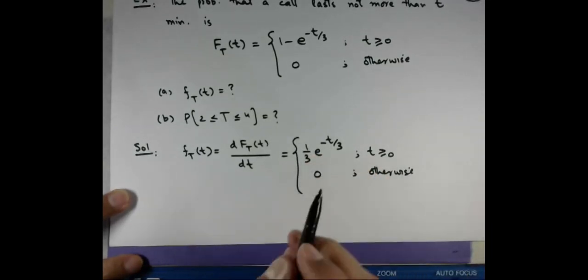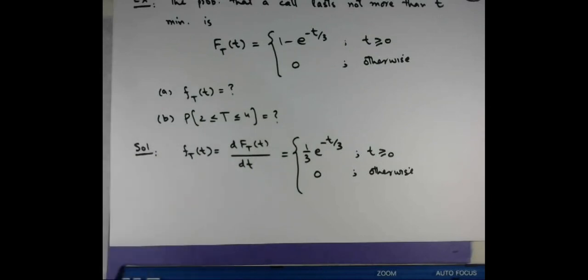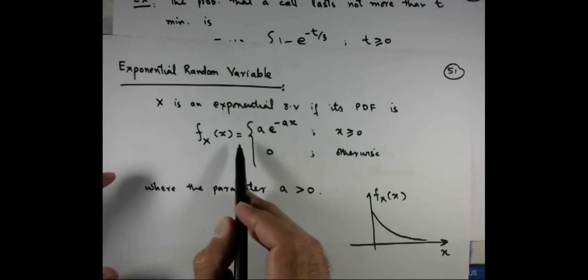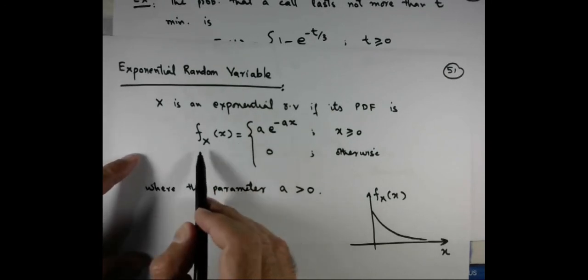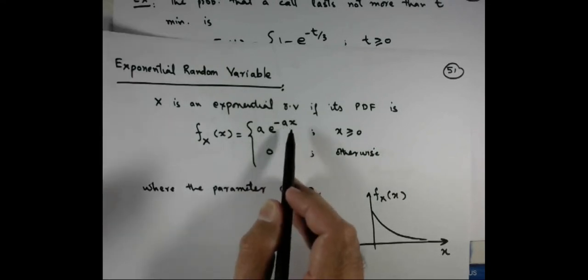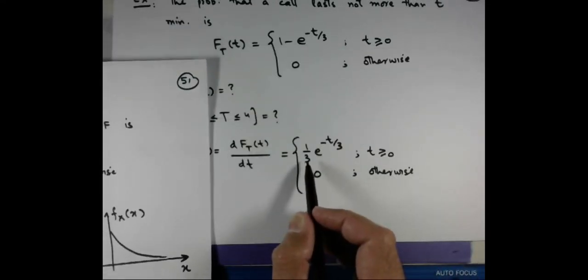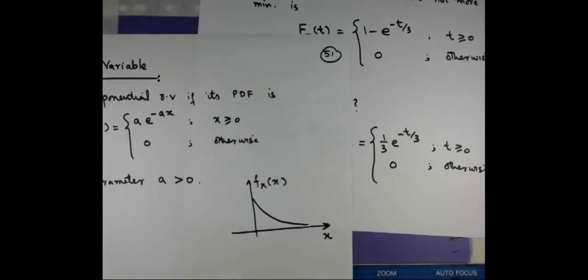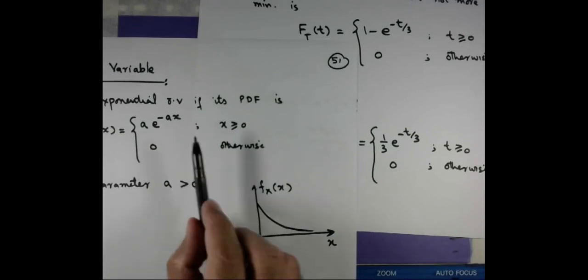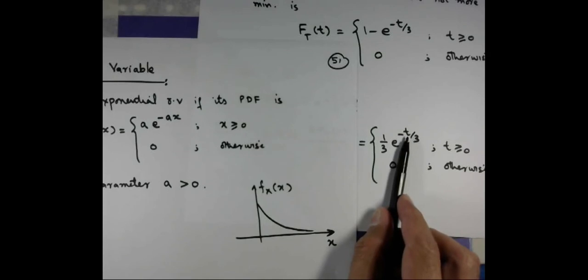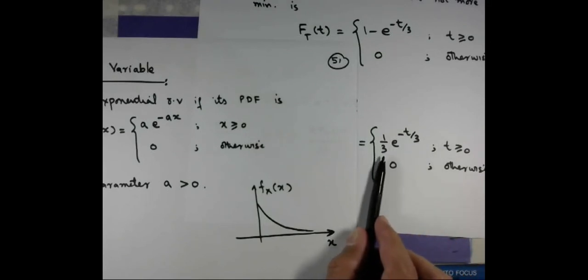Now you see this is simply a continuous exponential random variable. If you recall, the general expression for the exponential random variable in the form of a PDF was a e raised to power minus a x. If you match it with this, the t is the variable and the scalar is 1 by 3.